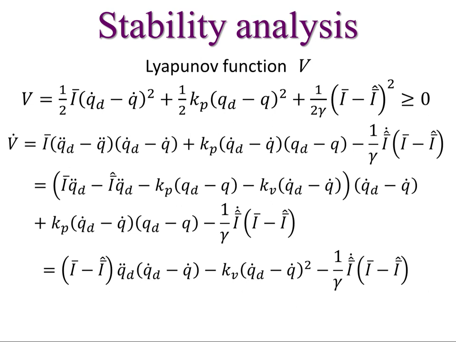In the case of the computed torque method, since we did not have the first and third terms and the second term was negative, we could make V dot negative. So let's consider whether we can cancel the first and third terms out. The designer of the controller can design this I bar hat dot freely.